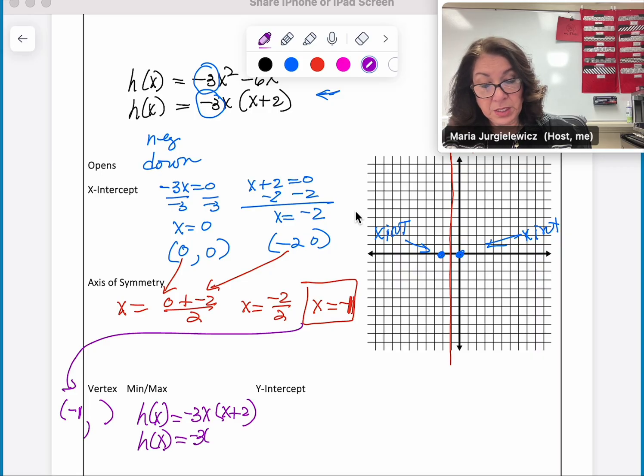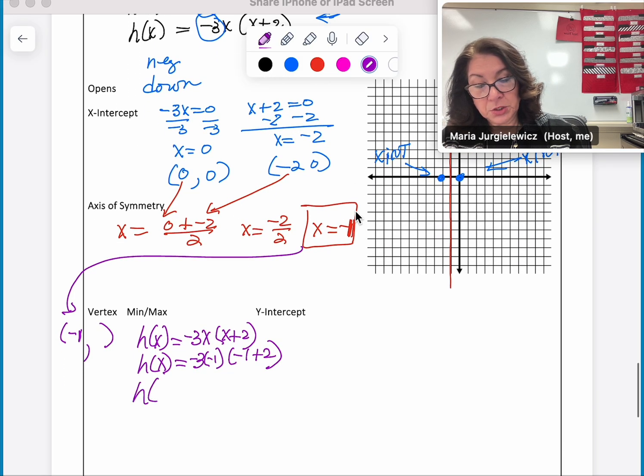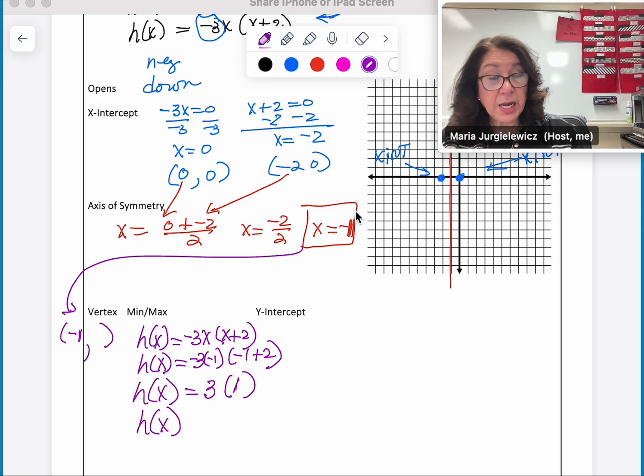So negative 3 times a negative 1, negative 1 plus 2. h of x, negative 3 times a negative 1 is a positive 3. Negative 1 plus 2 is 1. And now 3 times 1 is 3.